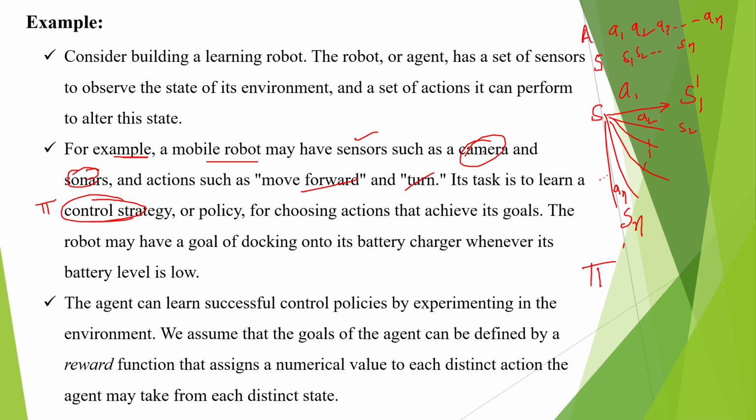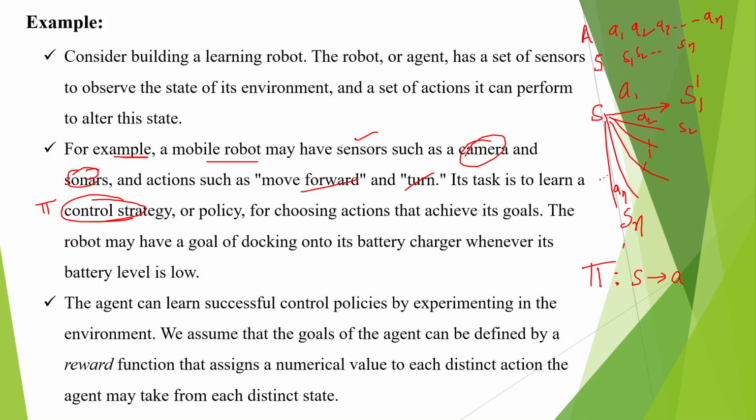By applying the control strategy. So here we can say pi maps S to A. Pi is nothing but the control strategy. When we apply the control strategy on a particular state, it will result in the best action, the action which will give the maximum rewards.